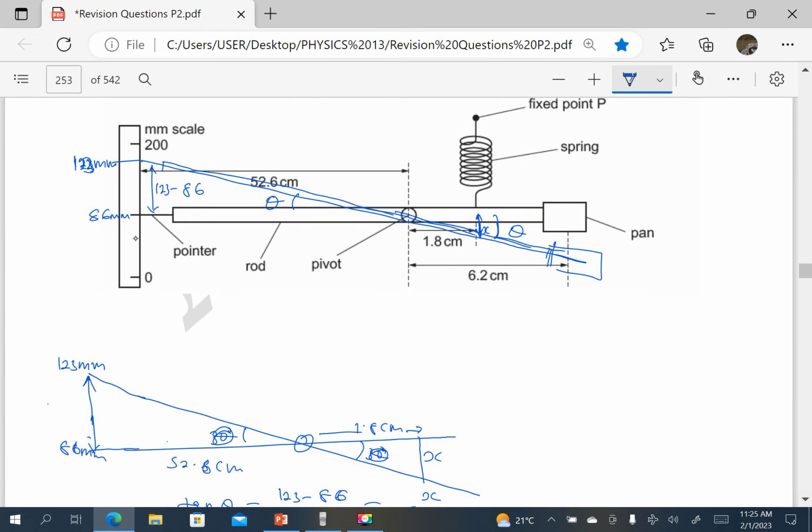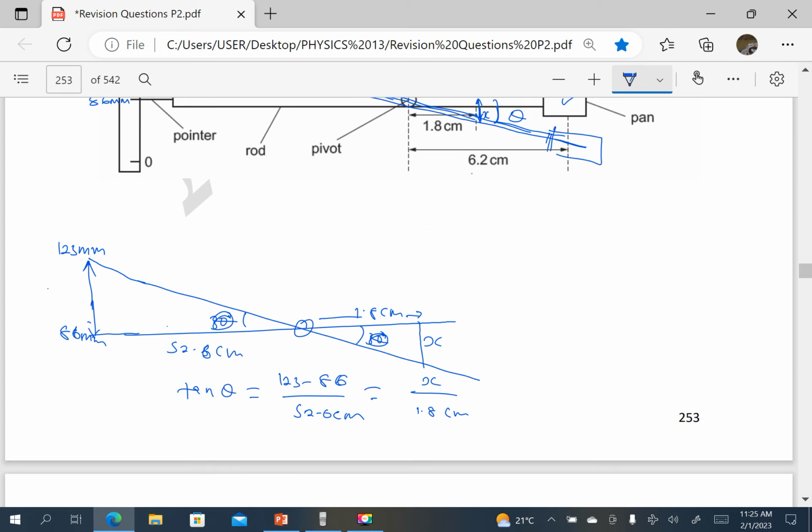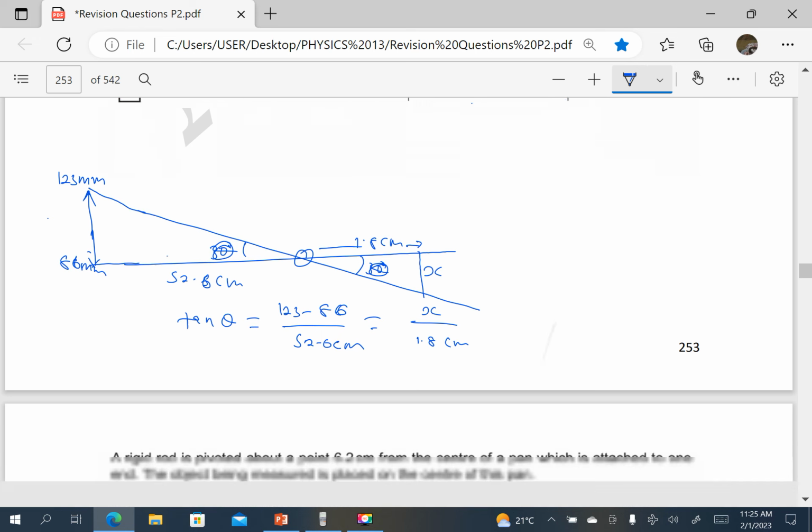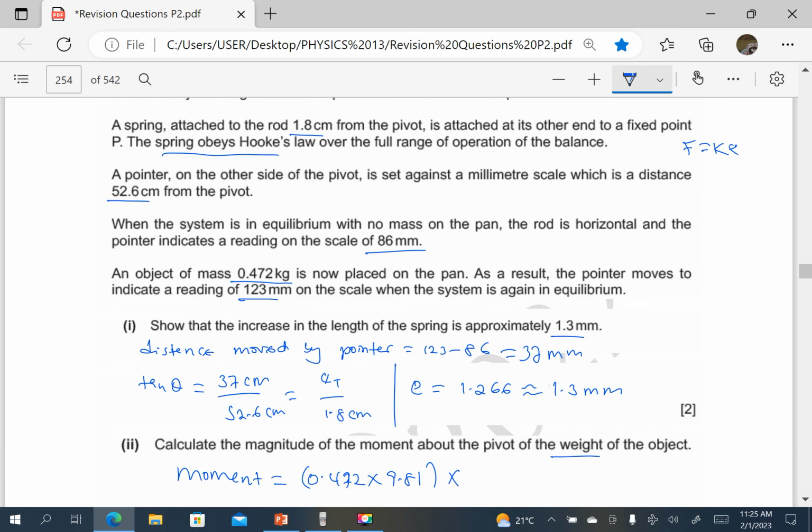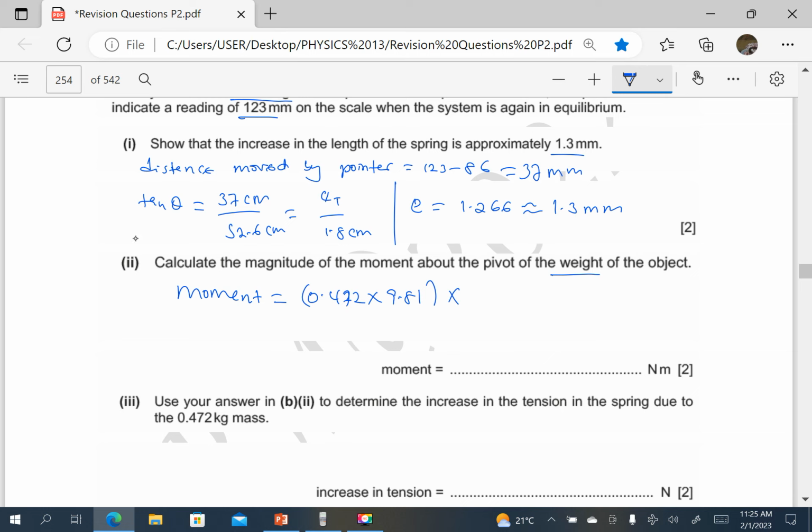From the diagram, you see that the perpendicular distance of the weight which is placed there is 6.2. So it is in centimeters, just change it to meters. So it is 6.2 times 10 power negative 2.